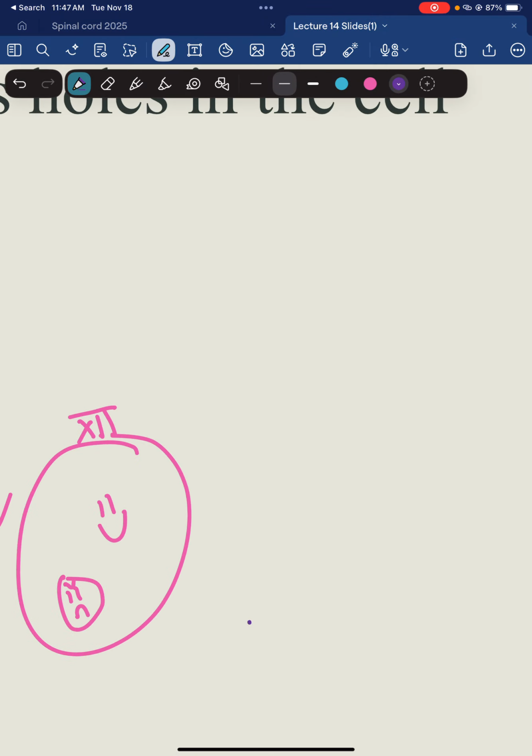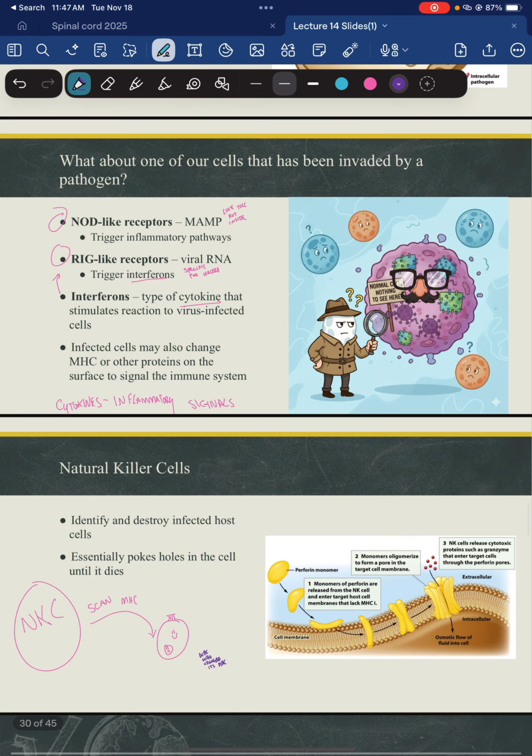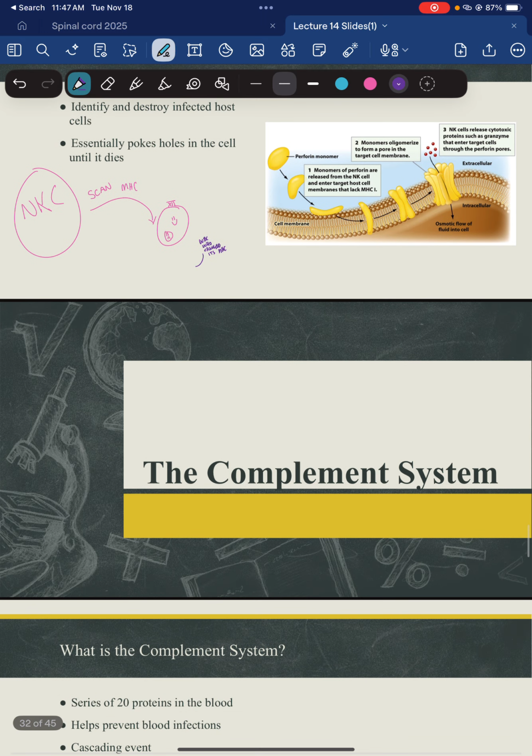There's another way that this can happen, and that is through cancer. So cancer actually changes your MHC on your cells a lot of the time. And when a cancerous cell arises, one of these natural killer cells will say, hey, this is a cancerous cell, let's knock it out before it multiplies anymore. All right, so cancerous cells actually pop up in your body all the time.